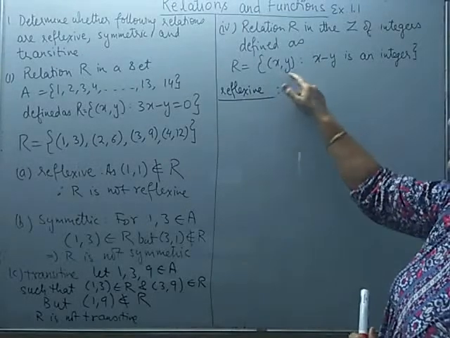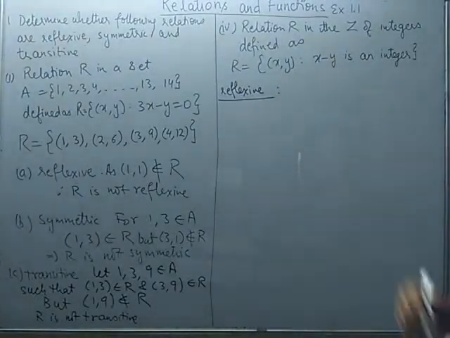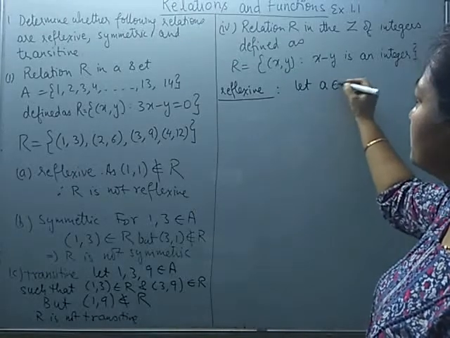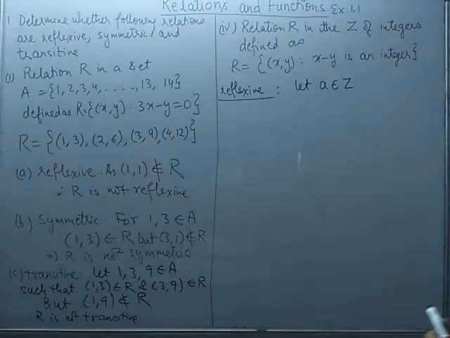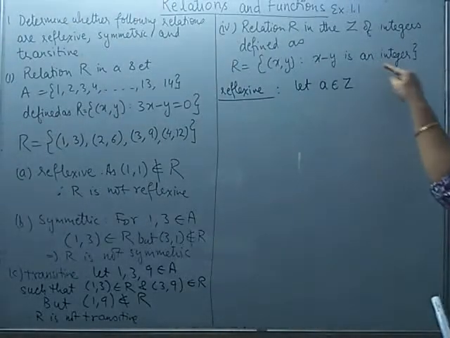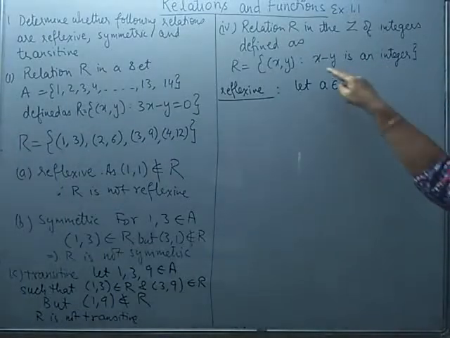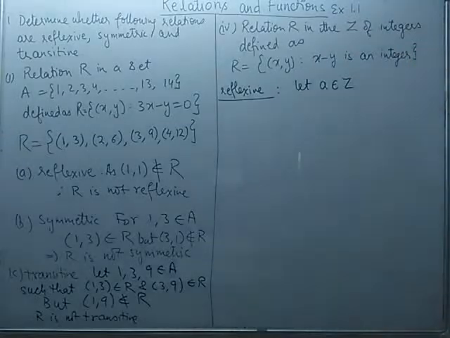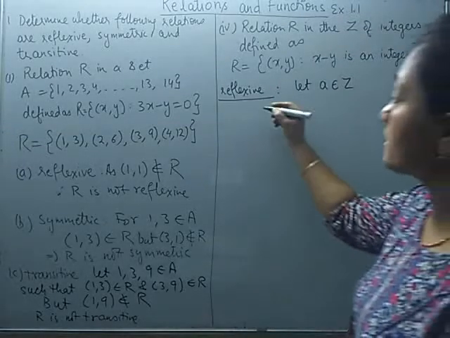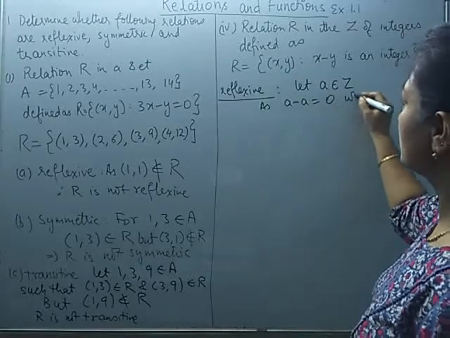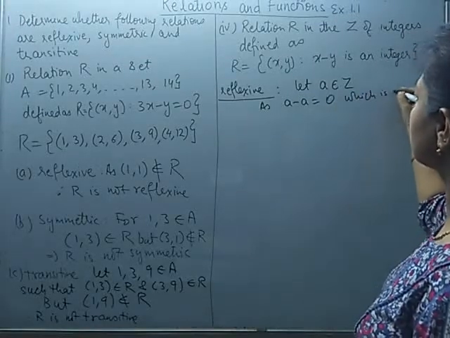We know both x and y are denoting an integer. So I will take a number A which is an integer. I will see whether this integer satisfies the given relation with itself or not. What is the relation? The difference of the elements in the pair should be an integer. So A minus A is 0, which is an integer.